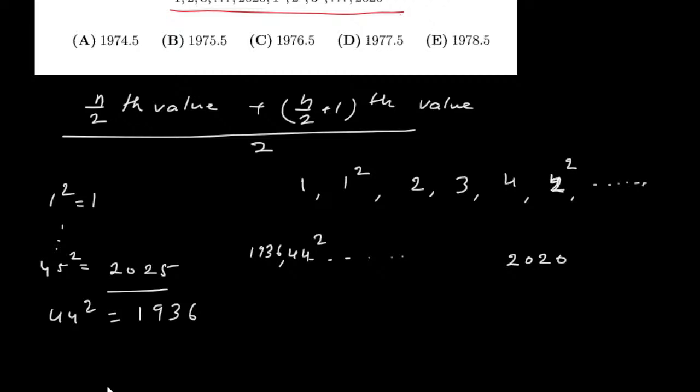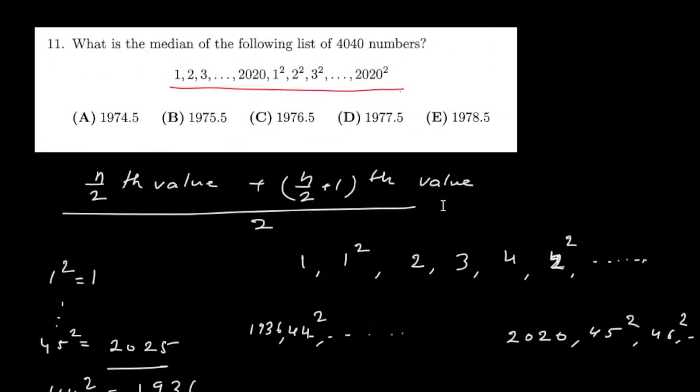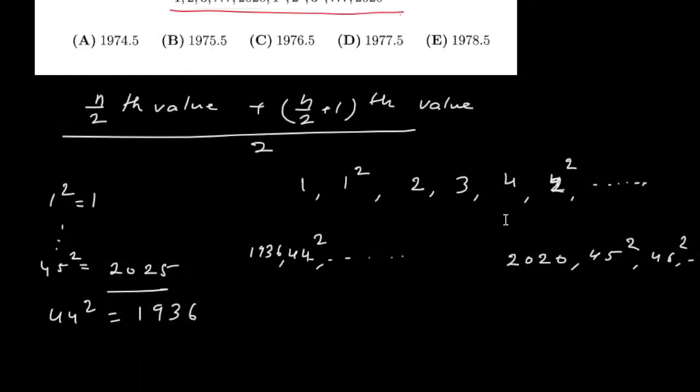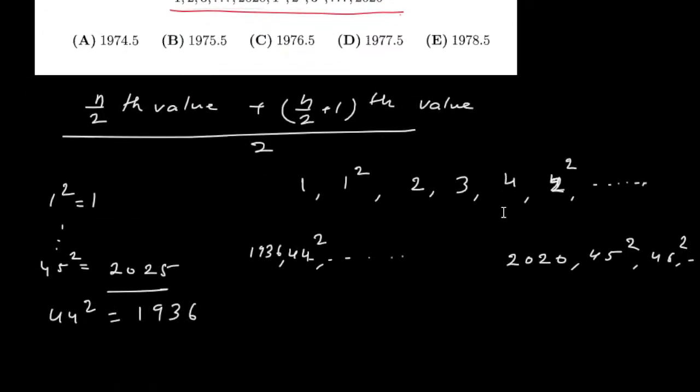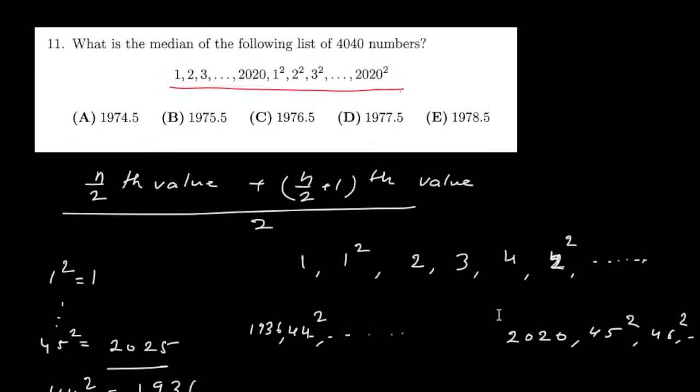And then I have till 2020, and then I can have 45 square, 46 square, and so on. Like this we have a total of 4040 numbers. Now I have to find what is the number at the 2020 position, and the number which is next to that.